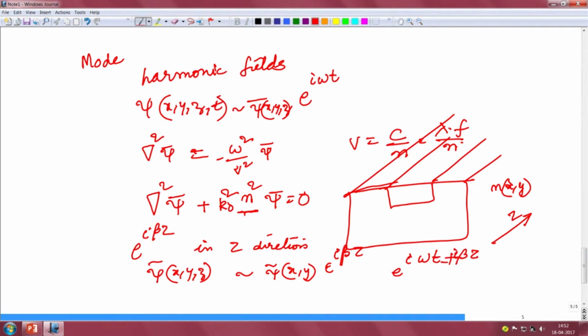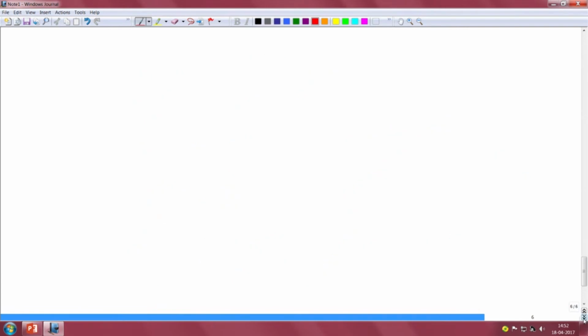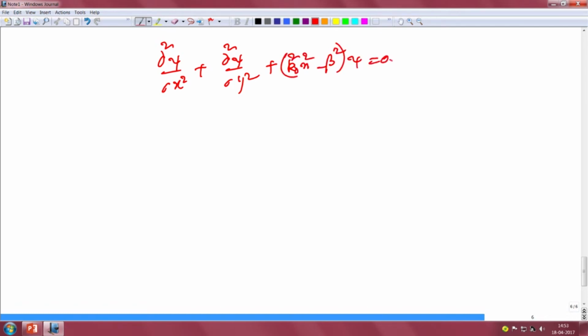So, with this we can reduce the wave equation as follows. I am using the same notation, ignoring the tilde and bar placed above psi.